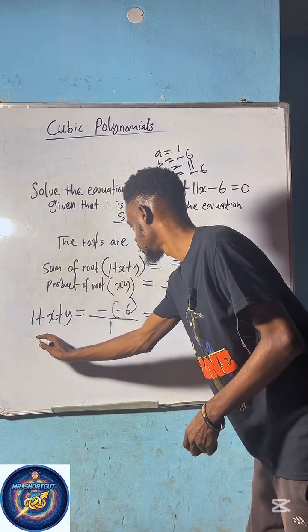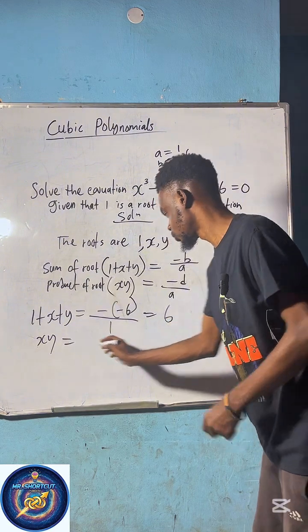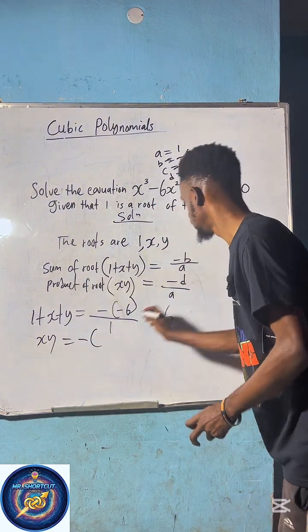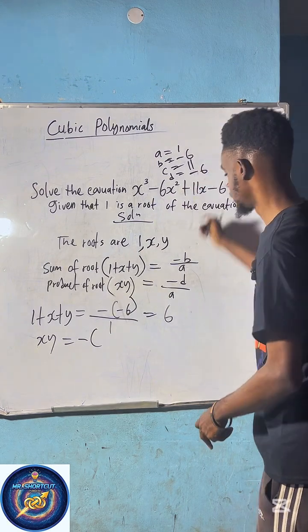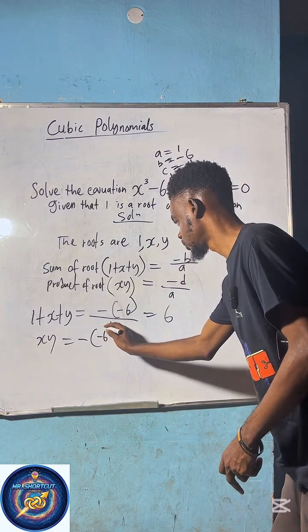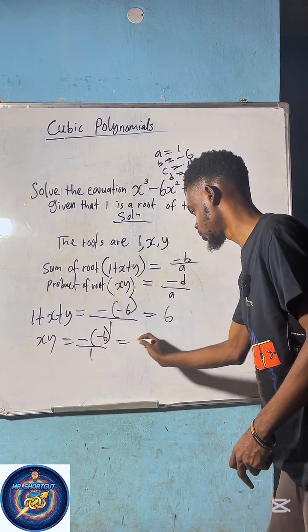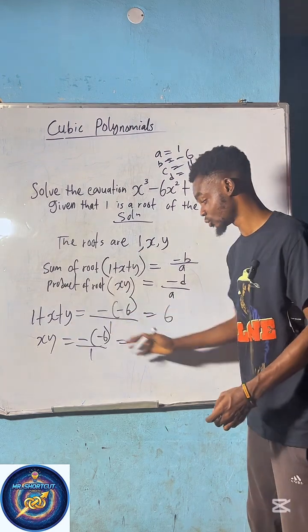The product of roots is simply xy, which is equal to minus d over a. D is minus 6, so minus minus 6 all over 1, which is 6. So the sum of roots is 6, and the product of roots is also 6.